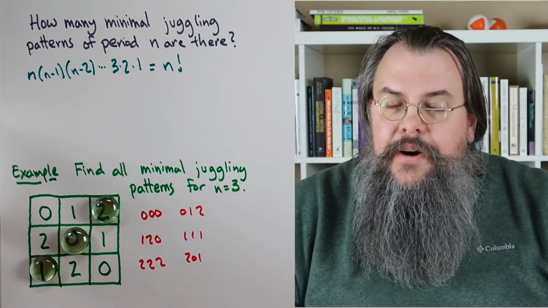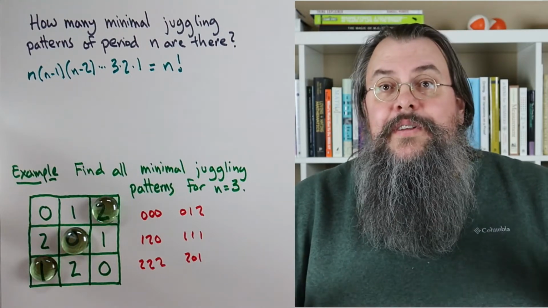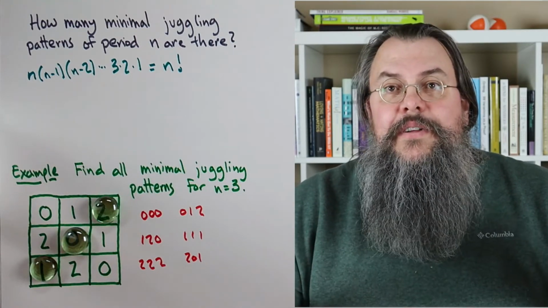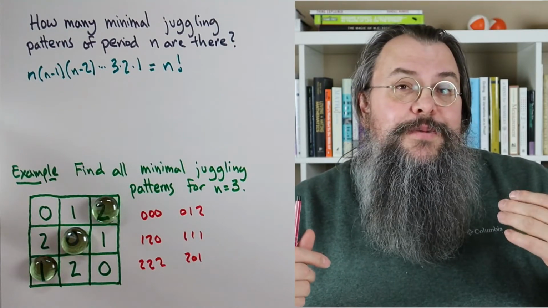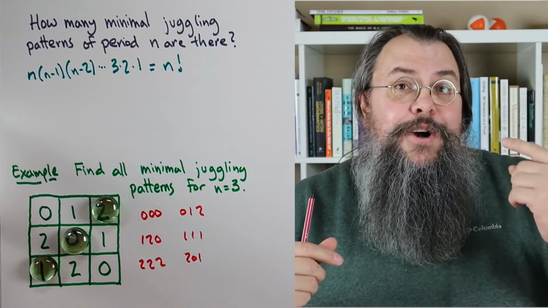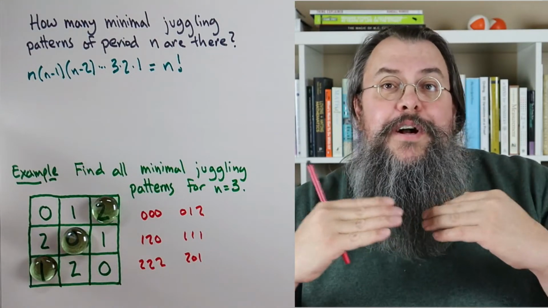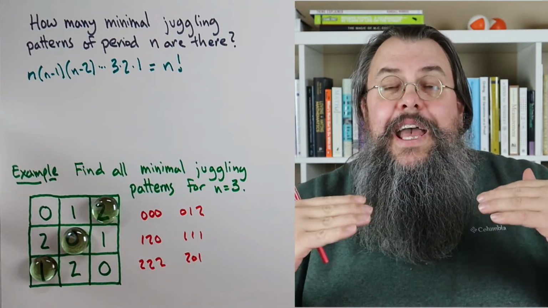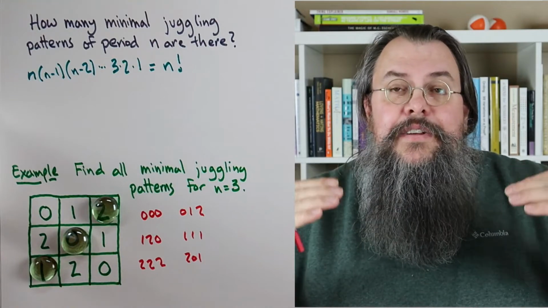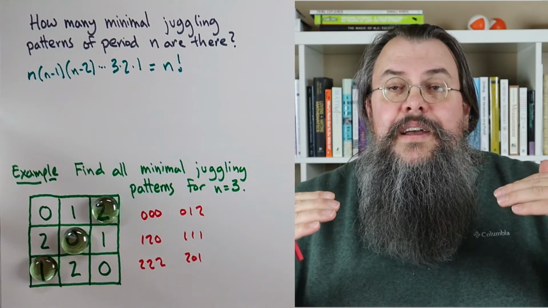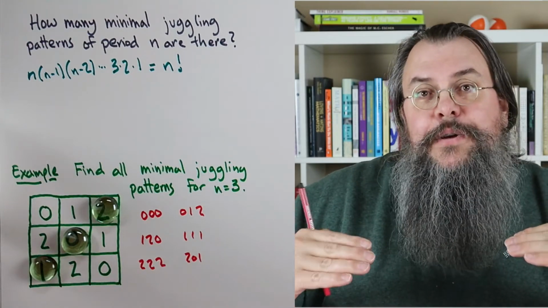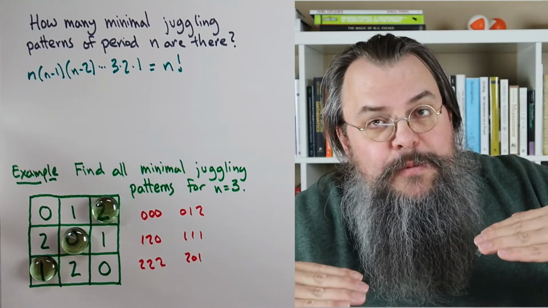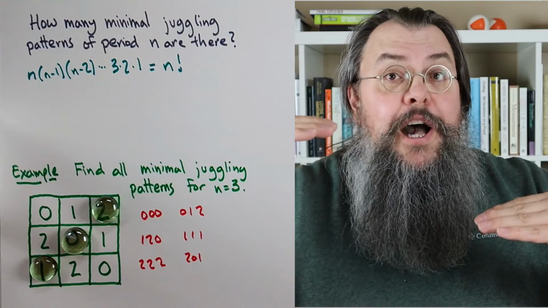Okay, good. Well, now what can we do? It seems pretty easy, right? So we can find all these minimal patterns, but what do we do once we have just the minimal ones? We go back to where we started. Remember our observation that says we can add and subtract multiples of n. And then we said, well, look, every pattern we can take down to a minimal pattern, which means that we can start with minimal patterns and raise them up.